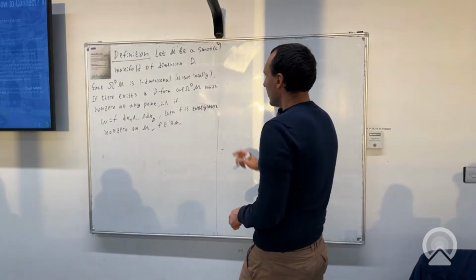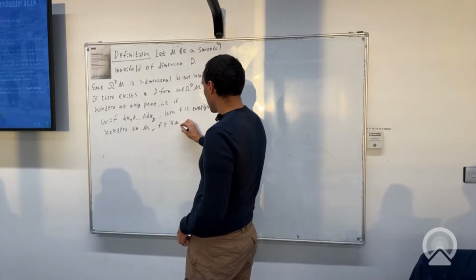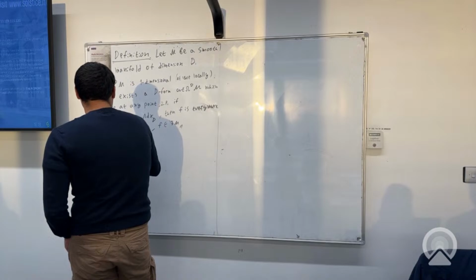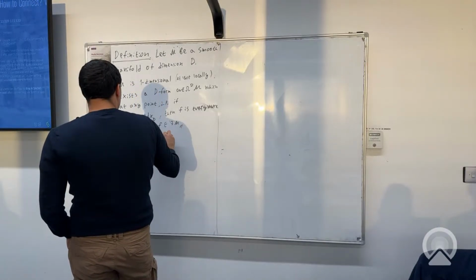Okay. If there exists such a thing, then we say that M is orientable.